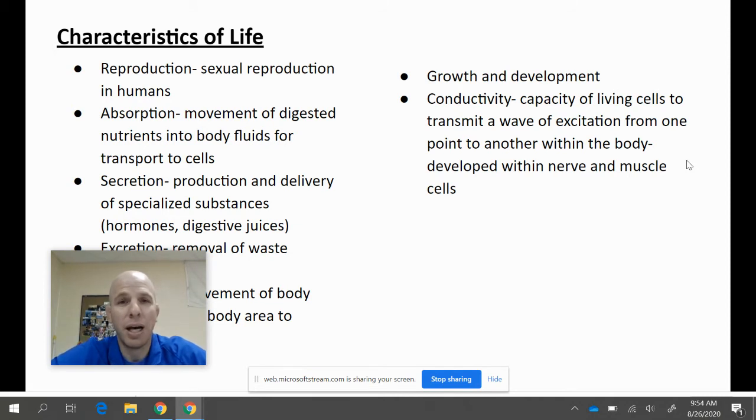But this is just one of the many amazing things that it does. We actually conduct electrical impulses using nerves. So like our brain and our spinal cord can talk to our muscles. Right there, I lifted my hand. There was electricity sending these waves of impulses through nerves to tell my hand to move. So it's really, really cool. It's conductivity.